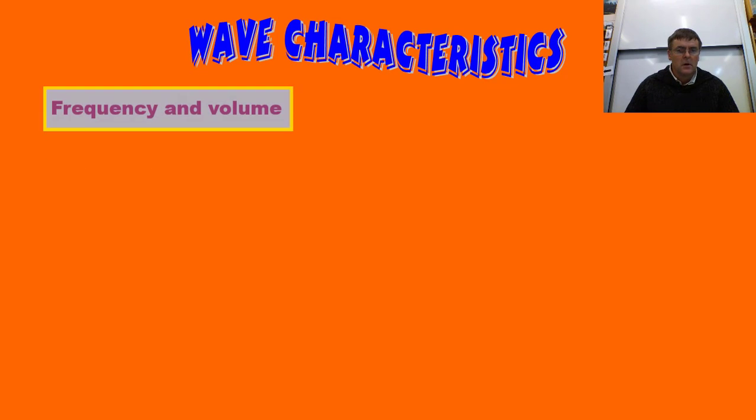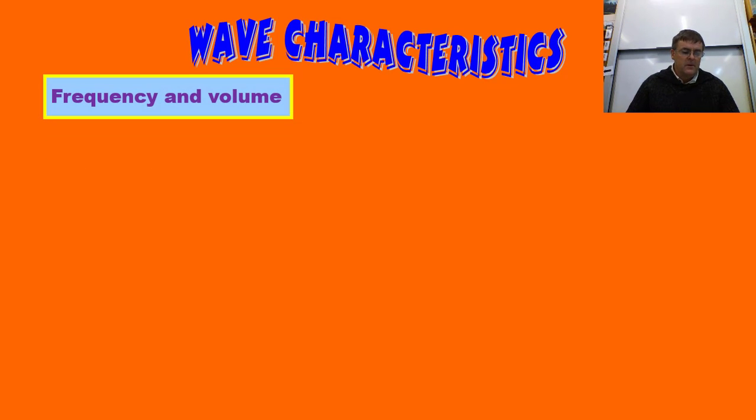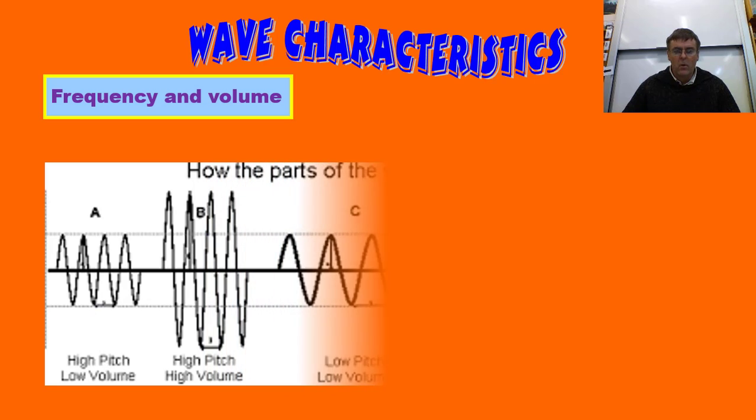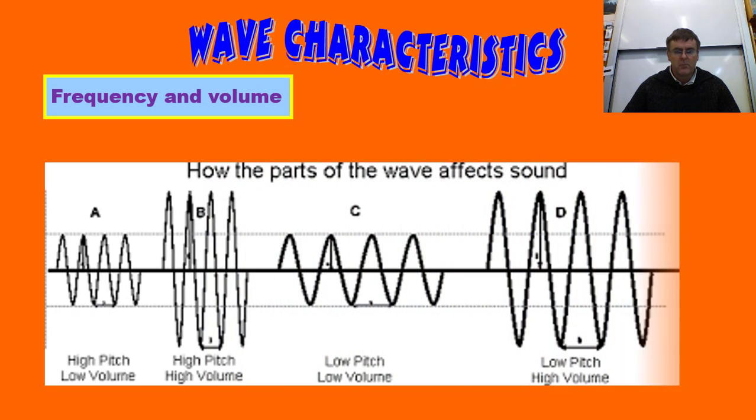Alright. Frequency and volume. These are other things that we need to know about waves and how they come about. If you've heard of FM radio, that's to do with frequency modulation. That's how fast the wave peaks or the crests arrive. So here's some different waves, and in wave A over here we've got the crests quite close together, and in wave C the crests are quite far apart.